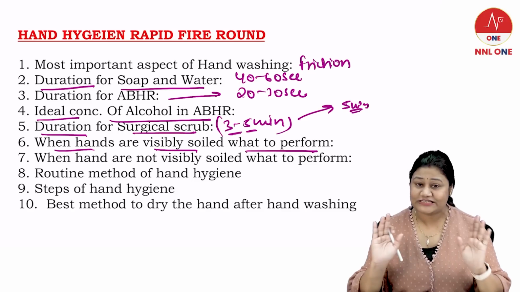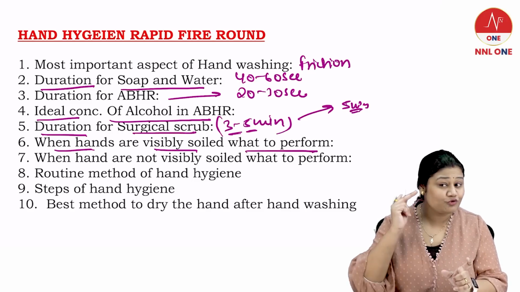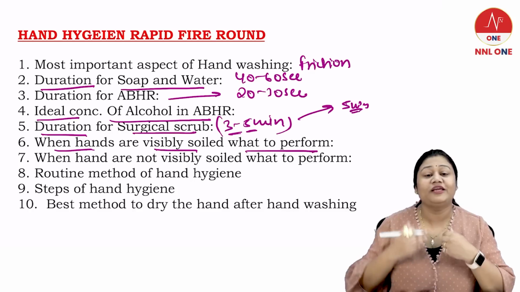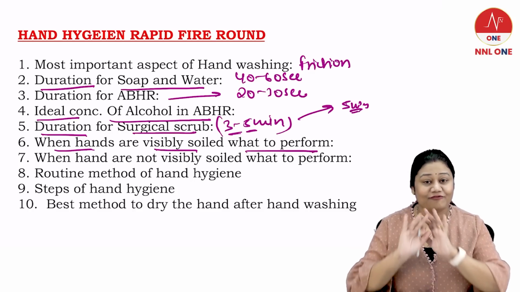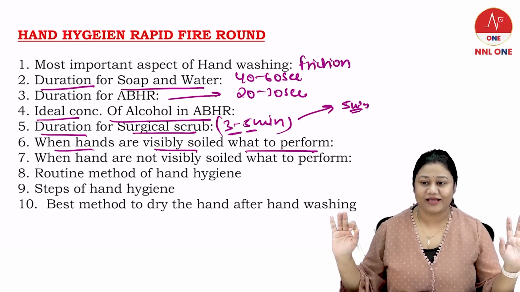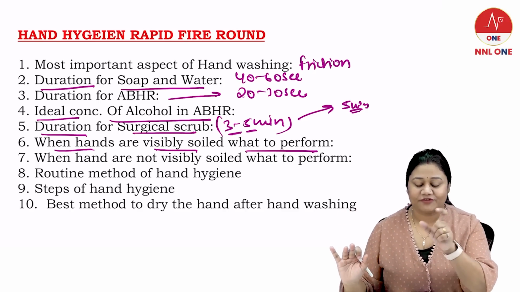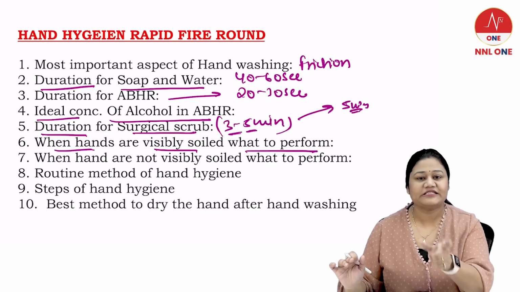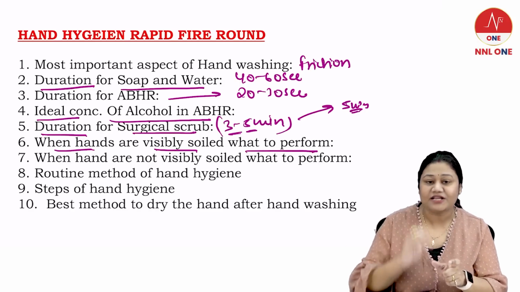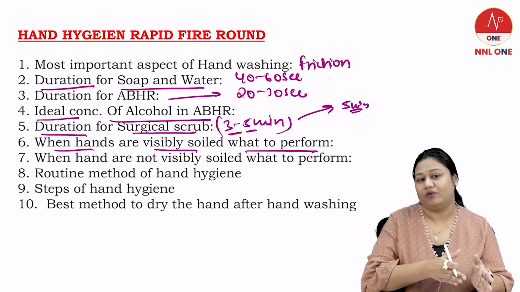Now whenever you see this word Clostridium difficile, we know we have to show the examiner that we are way smarter than you, because we have already made our concept very, very clear: if anywhere in the question this word Clostridium difficile is present, then in such cases the method of hand hygiene will be soap and water, right?